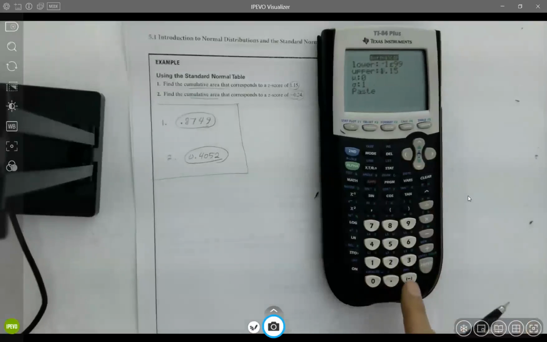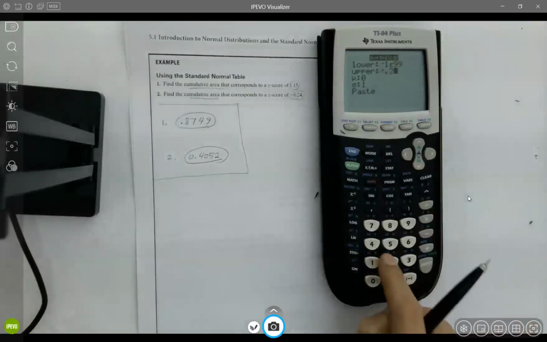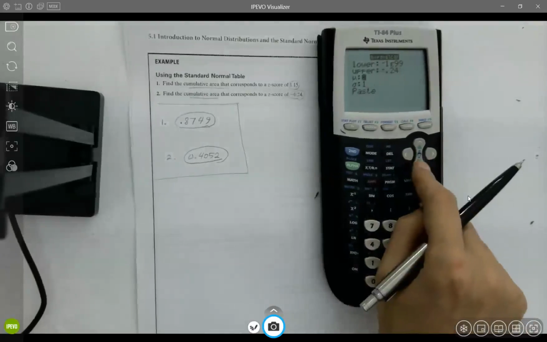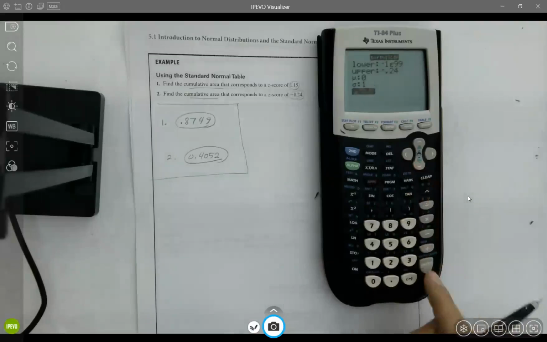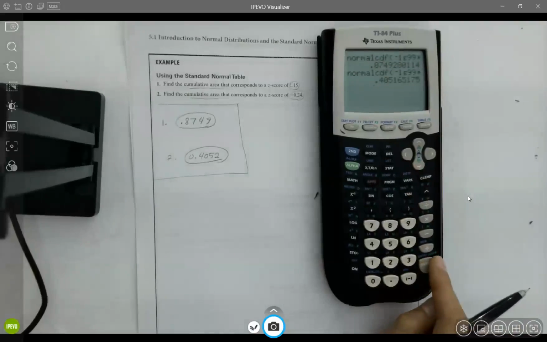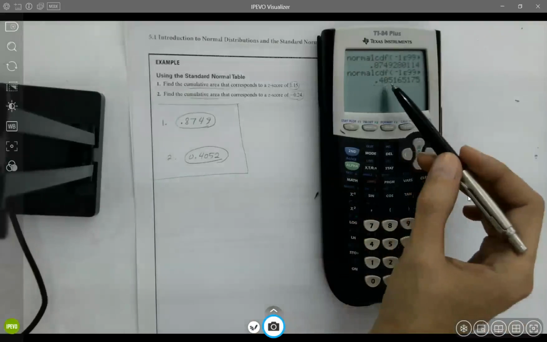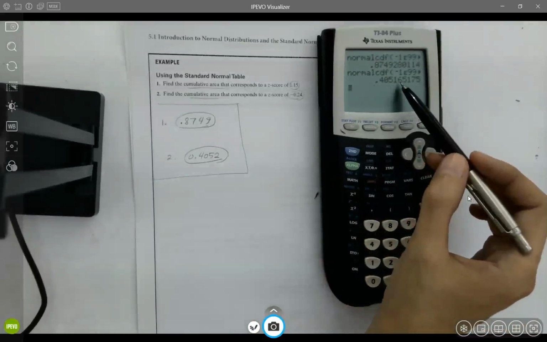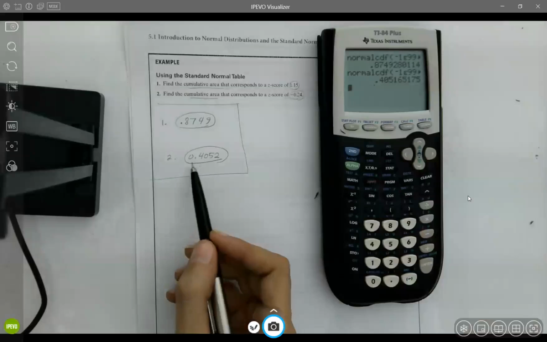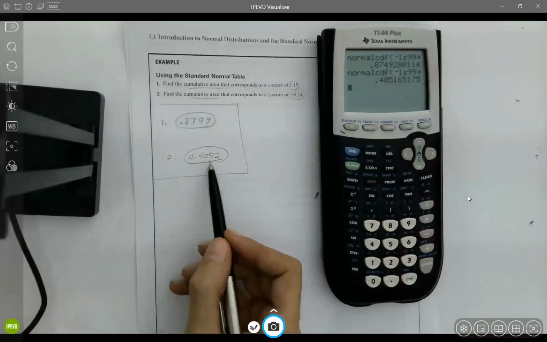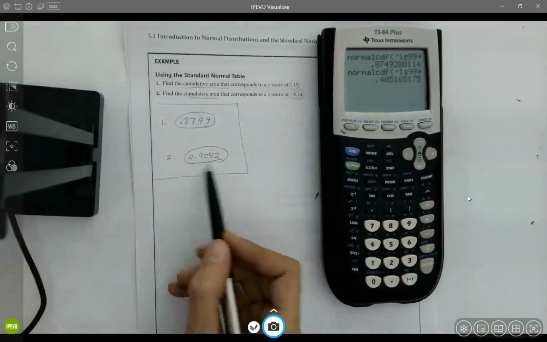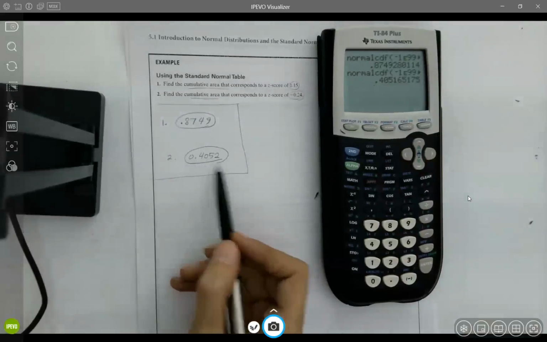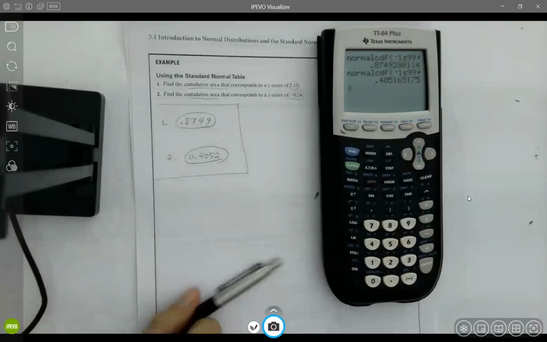So to enter the negative sign, -0.24. Sigma is 1, mean is 0, and let us do the calculation. We get 0.40516. So if you round this, you get 0.4052, the exact same cumulative area to the left-hand side of the graph.